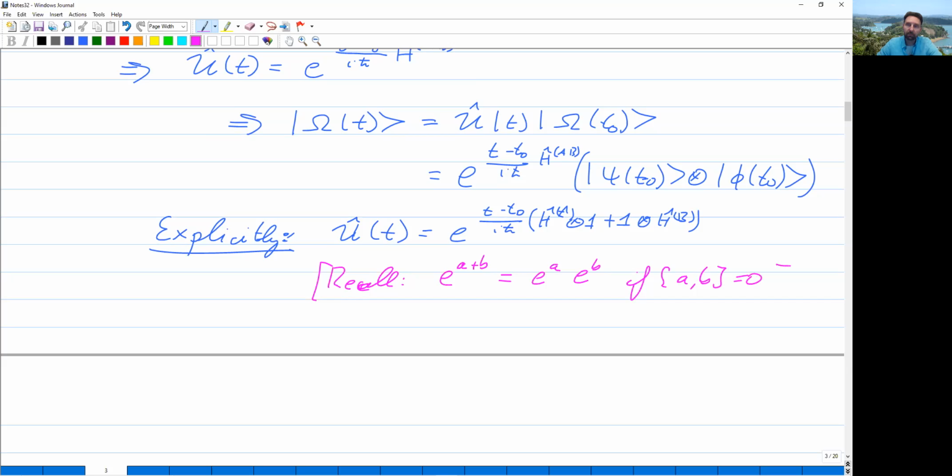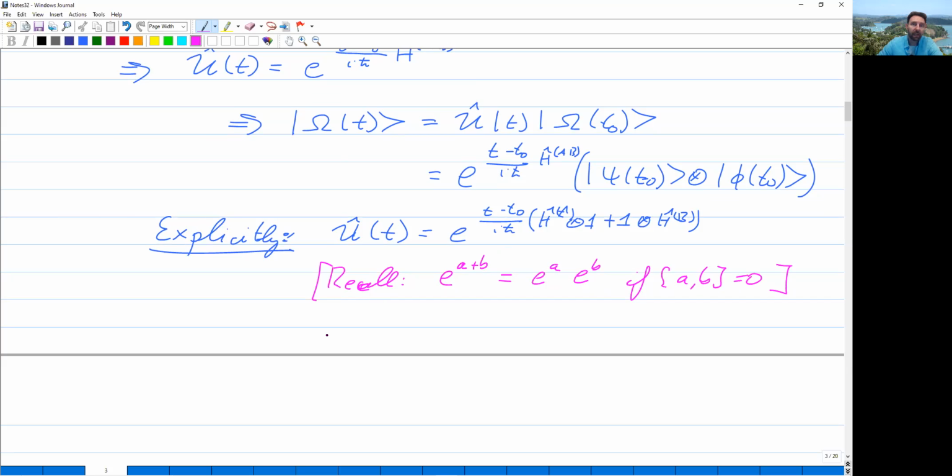If a and b commute, then we can conclude that. That's just by working out the power series, writing e to the power of a plus b as the series sum over n equals 0 to infinity, 1 over n factorial, and then (a plus b) to the power n. When you work all of that out with the binomial theorem, you get this. So all of that works as long as a and b are commutative.